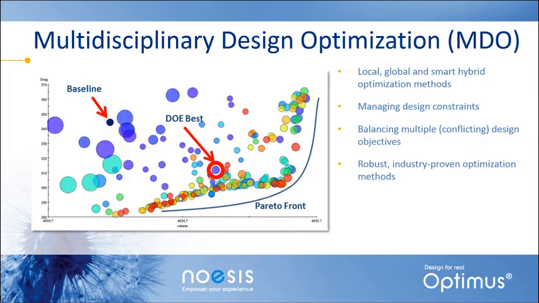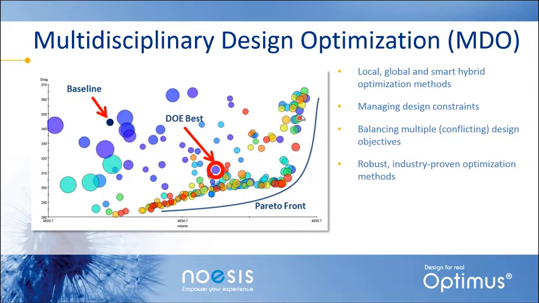Now looking at that same problem as a multi-objective optimization problem, you'll see that drag was reduced, and at the same time volume was able to be increased on that cabin. At this point, a Pareto front is developed, and the user has the ability to determine which parameter is most important.